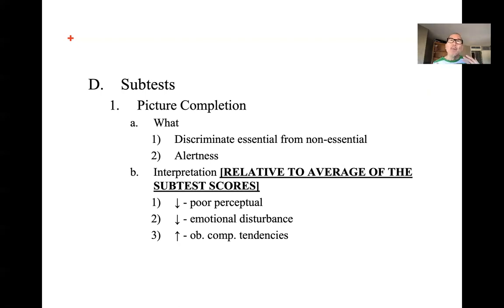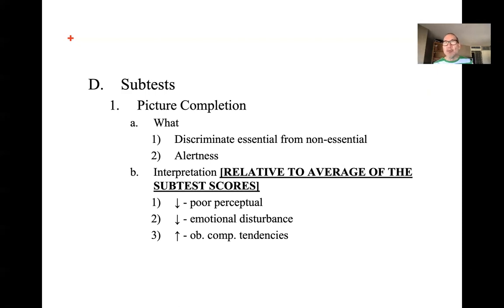Now, the subtest scatter, or the variability in performance, being low and high, is often really critical for the psychologist, and for many psychologists, more critical than overall IQ, unless it's significantly high or significantly low.